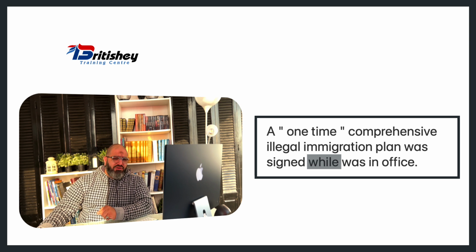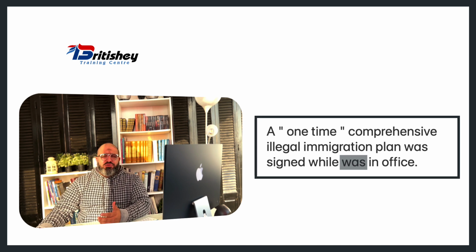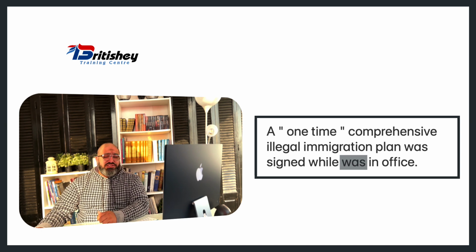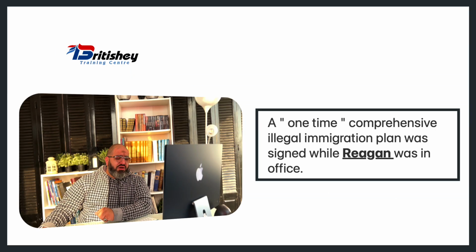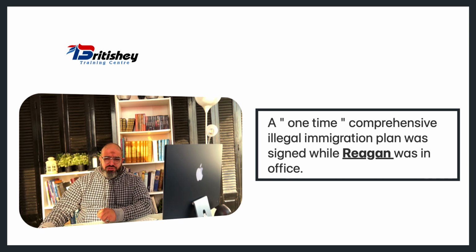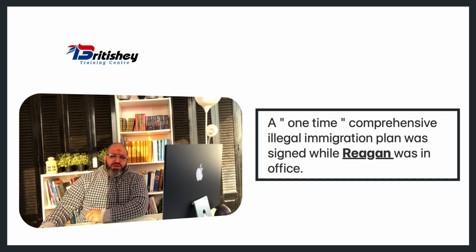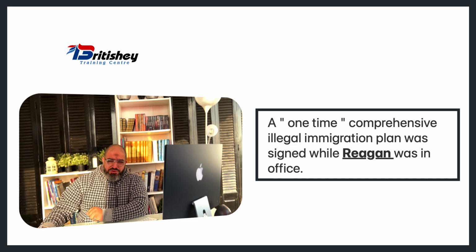But then what do we have? We've got was and in office. And was is a verb, but where is the subject? Well, the subject is missing, so this sentence is incorrect. The original one is, a one-time comprehensive illegal immigration plan was signed while Reagan was in office. So the missing subject is Reagan.